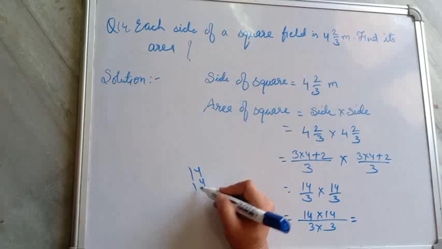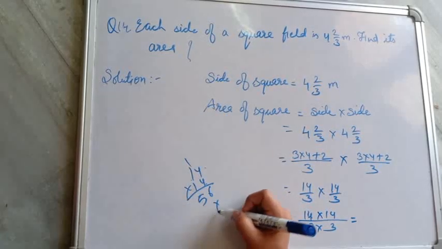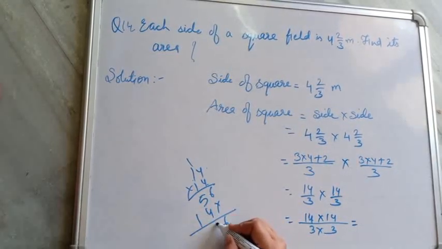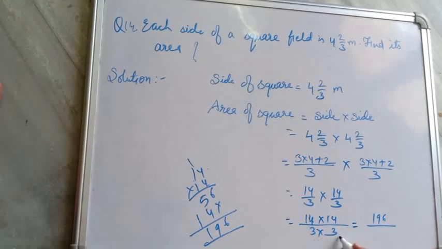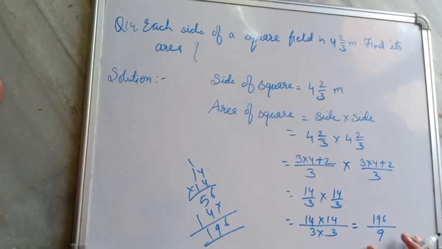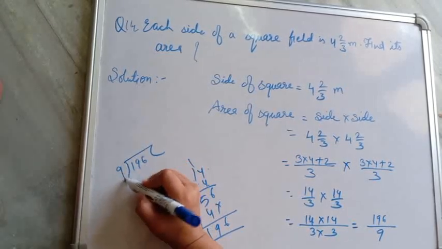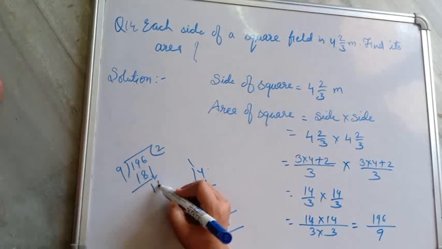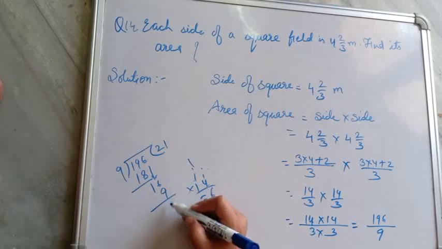14 multiplied by 14. 4 fours are 16, 1 carry, 4 ones are 4, plus 1, 5. 1 four is 4, 1 one is 1, 6, 4 plus 5, 9. 196 and 3 threes are 9. Now again find the answer in mixed fraction. So 196 divided by 9. 9 twos are 18, 1 left, bring 6, 9 ones are 9. 16 minus 9, 7.